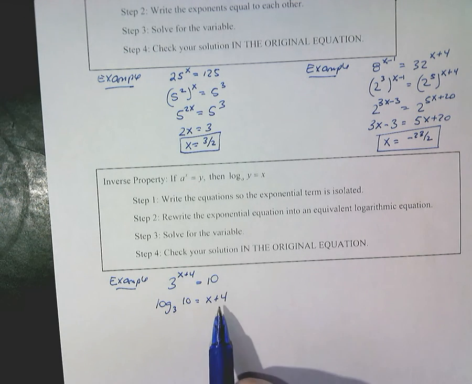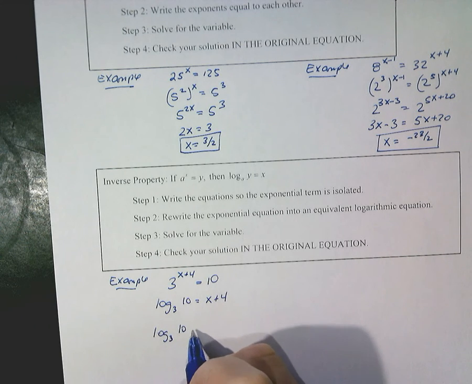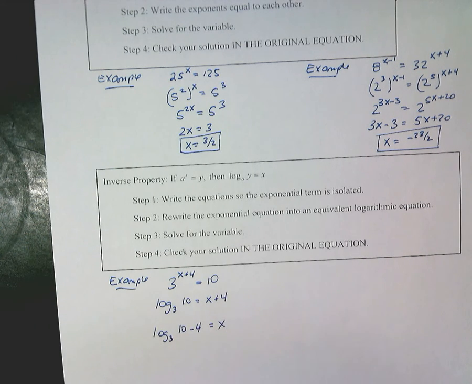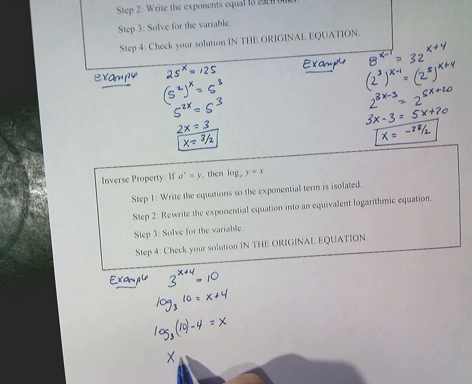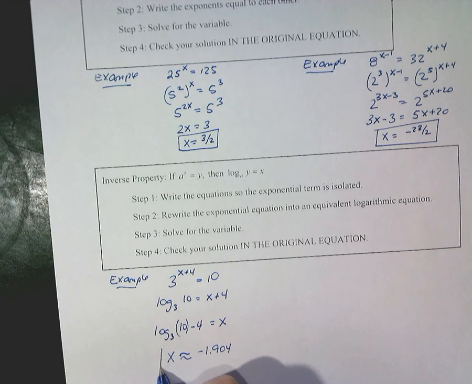I would solve for the variable, so I'm going to subtract 4. So I have log base 3 of 10 minus 4 is equal to x. Now be careful. This 10 is what you want to take the log of, not the 4. So I would have x is approximately equal to negative 1.904.